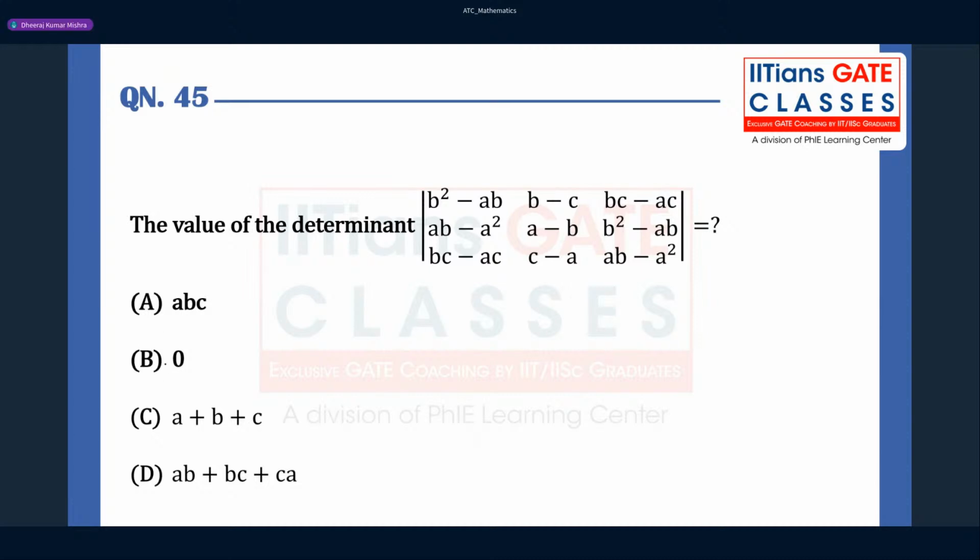Please try this question, guys, and tell me which option is going to be correct. You can take b common here, so it is nothing but b minus a.